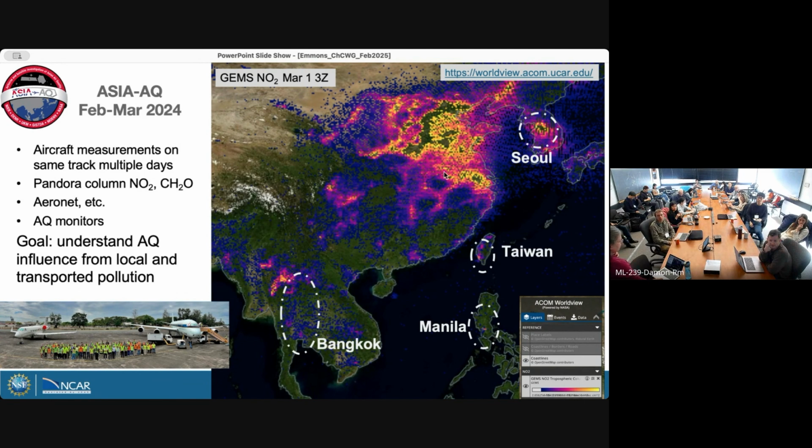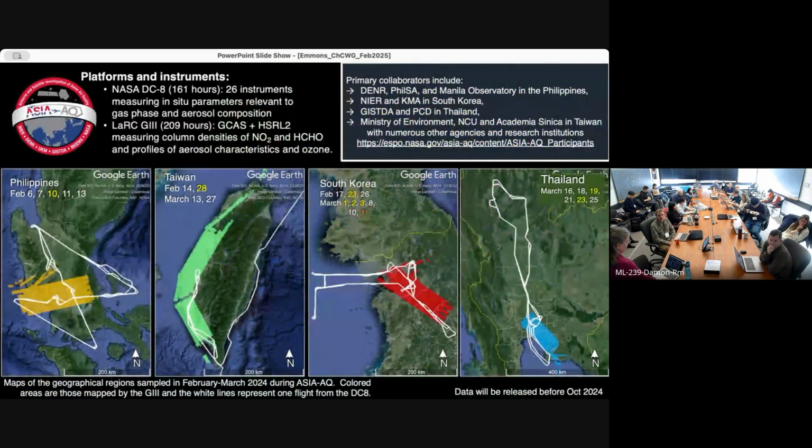There's the background picture here. Aircraft measurements were made in Manila, the Philippines, Seoul, South Korea, and in Bangkok, with overflights over Taiwan. And there are a number of ground-based measurements associated with it, and connecting to GEMS and other satellite measurements.